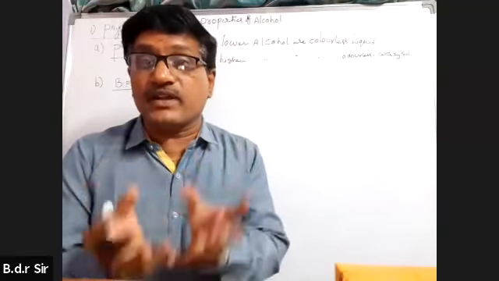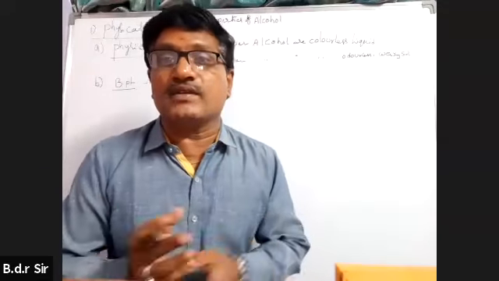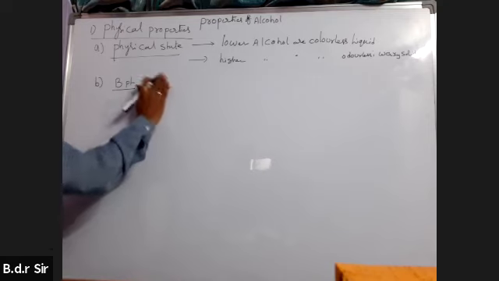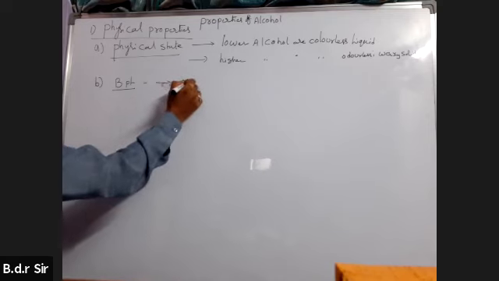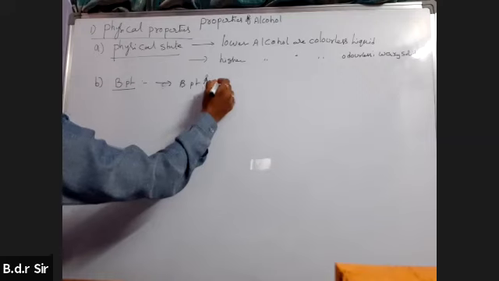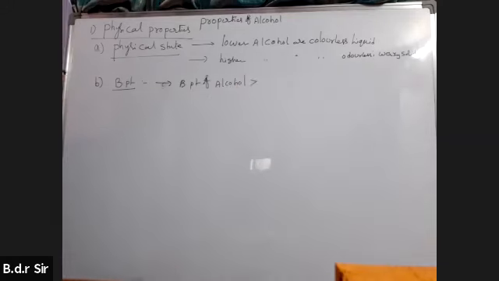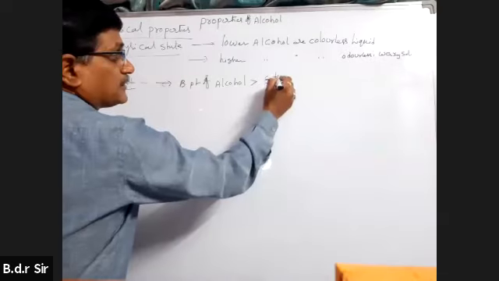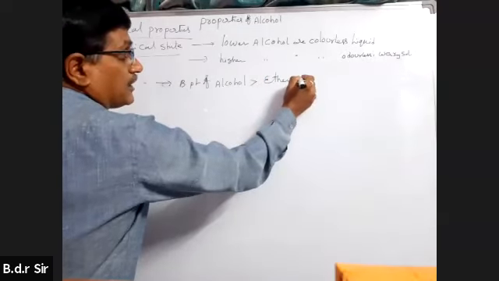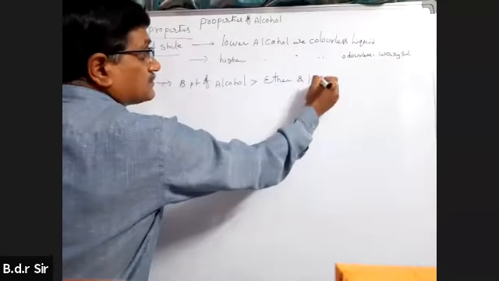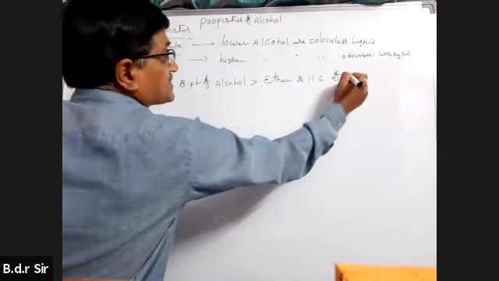Means there is formation of intermolecular hydrogen bond. So first point, boiling point of alcohol is greater than ether and hydrocarbon of comparable masses.